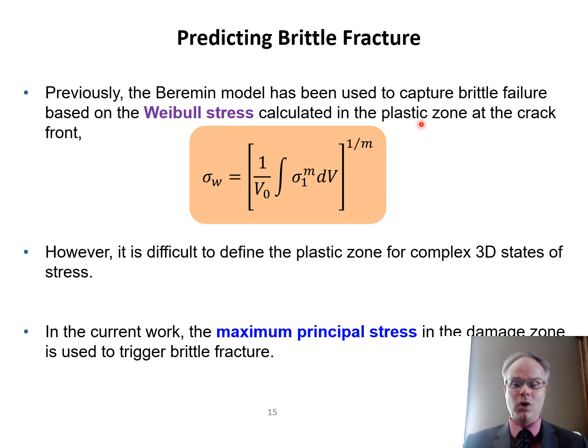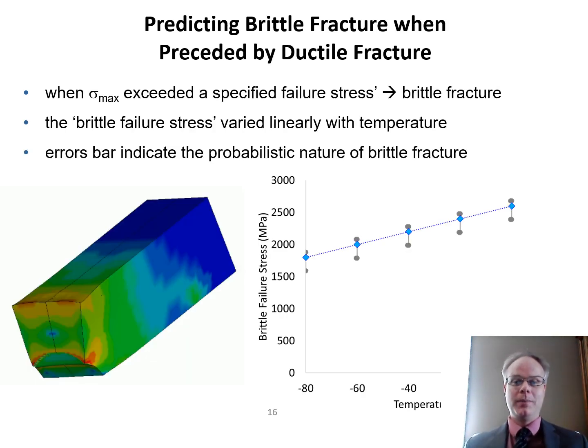And so in this work, rather than taking an average over the plastic zone, we just took the maximum principal stress in the damage zone. And if that maximum principal stress exceeded a specified value, you would get brittle fracture, and thereby we could capture the load drop in the material, which I'll show in the next slide.